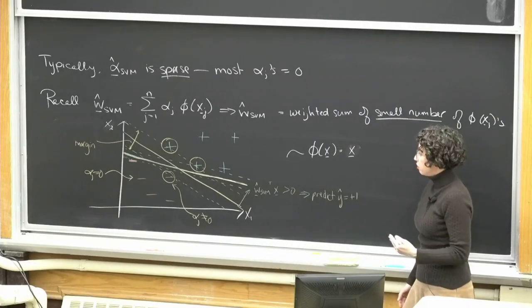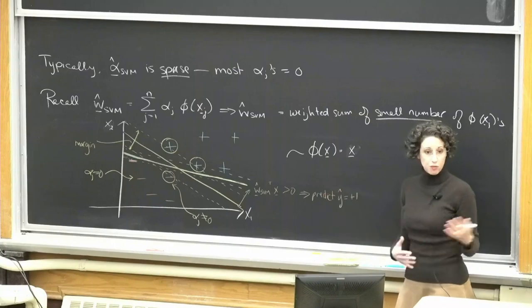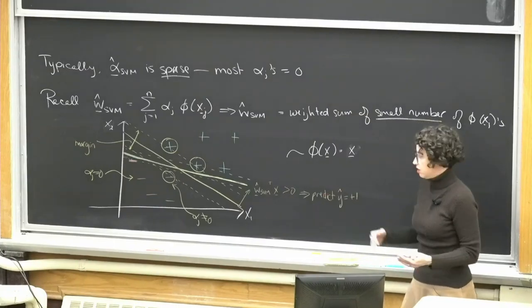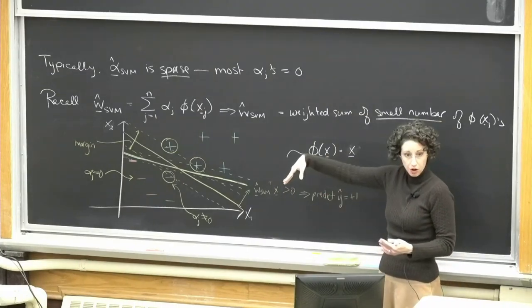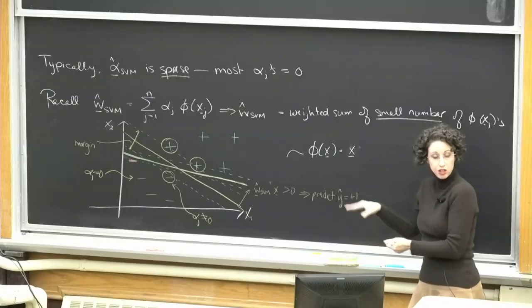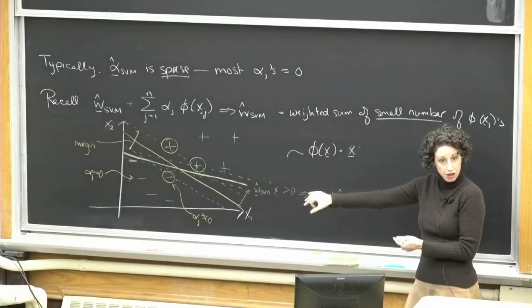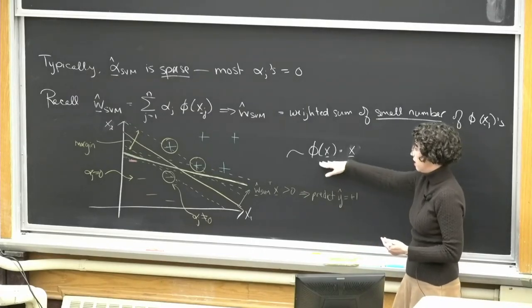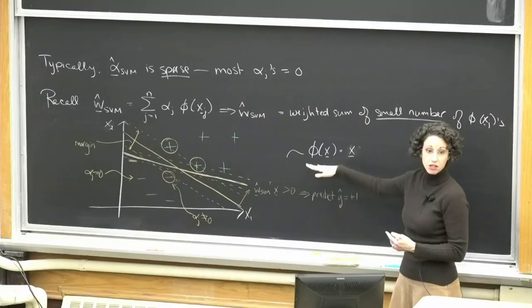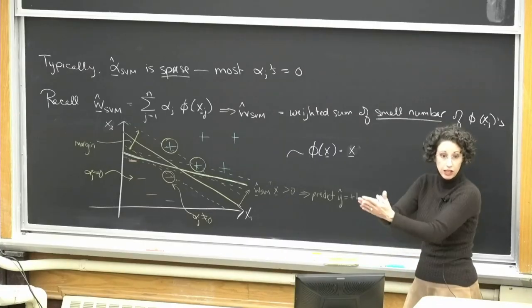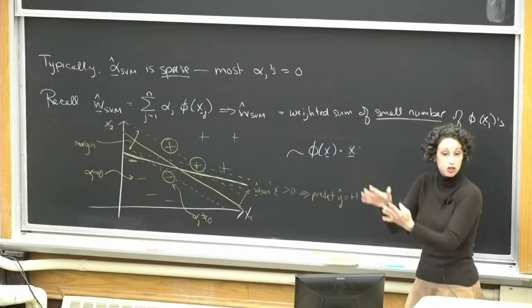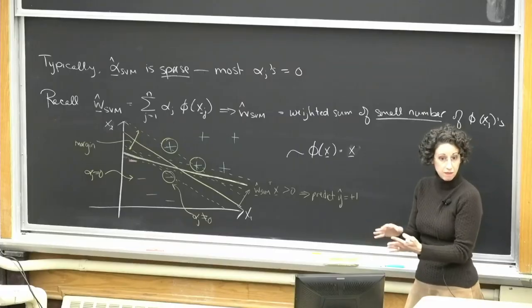If I were to use a different phi corresponding to a kernel function, then my decision boundary might be curved and my margin would be curved in the original feature space. But if I were to plot things in my high dimensional feature space, in this phi space, then I would still have linear decision boundaries there and straight line parallel margins there.